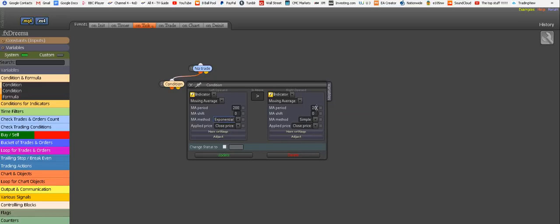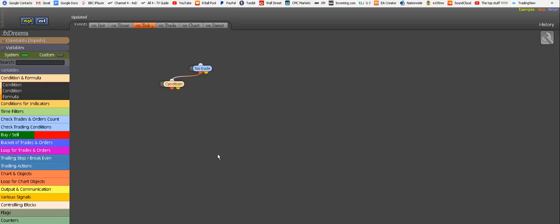And here, instead of 200 period, we need to put 500, and instead of simple, again, exponential. That's the first condition. So the 200 exponential moving average needs to be above the 500 exponential moving average. Click update.